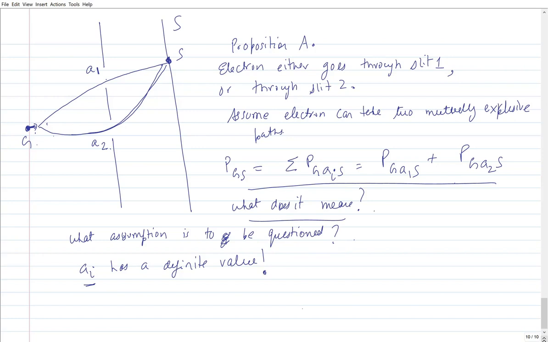But let's say what I observe is different. Well, this implies that AI does not have a definite value. What does it mean? It implies that the electron does not have a unique and definite path.